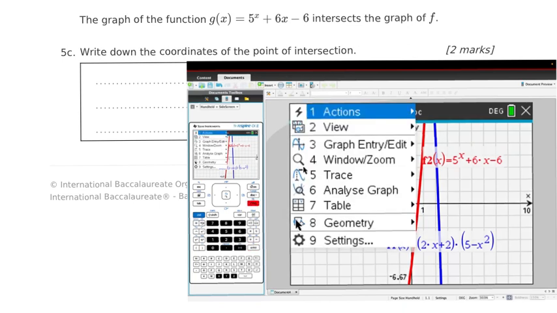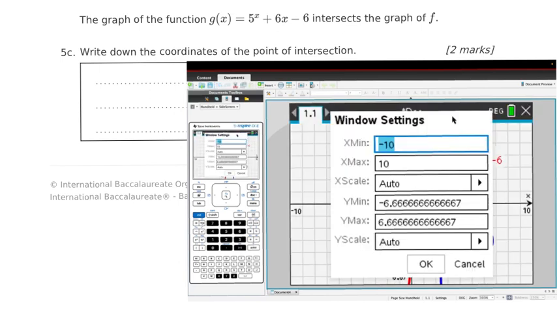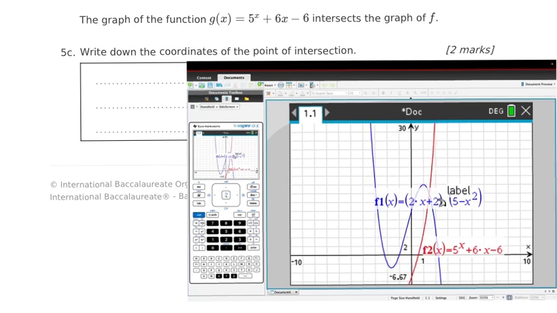We can't see the point of intersection, so I'm going to change my window. So menu, Windows zoom, Windows settings. I'm going to go up to y equals 30. Enter. And I can see my point of intersection now.